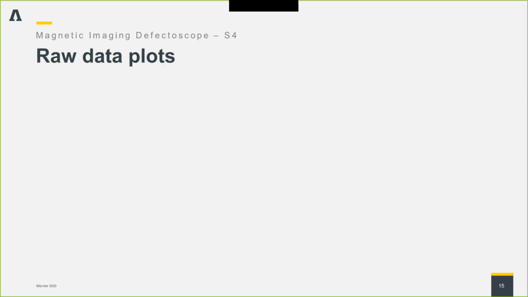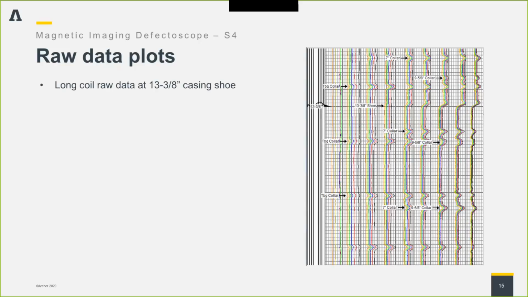So the raw data plots can be very, very informative. This is an example of what we're looking at. This is a section of log where we're going from 4 barriers at the top. So we've got 13 3/8, 9 5/8, 7-inch and tubing inside. This is the casing shoe that's marked on there. And then below there, we have the 3 barriers, 9 5/8, 7-inch and tubing.